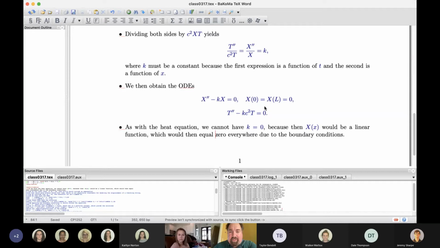Well, the only linear function of x that's equal to 0 at these 2 points is capital X of x is 0 everywhere. We need non-trivial solutions. So k equals 0 is ruled out in this case.